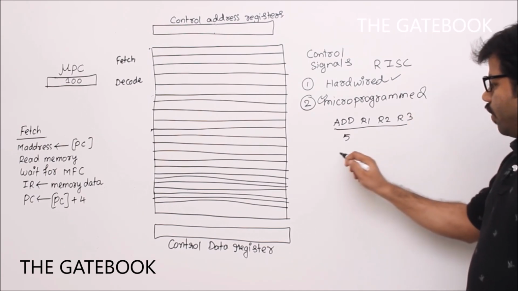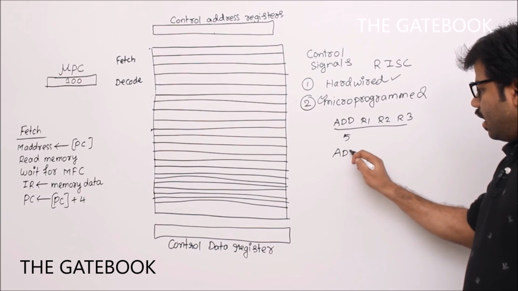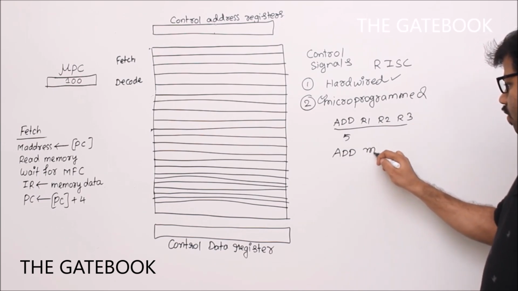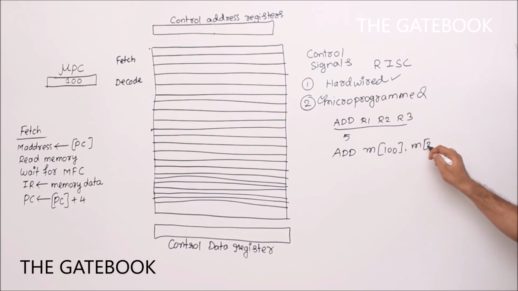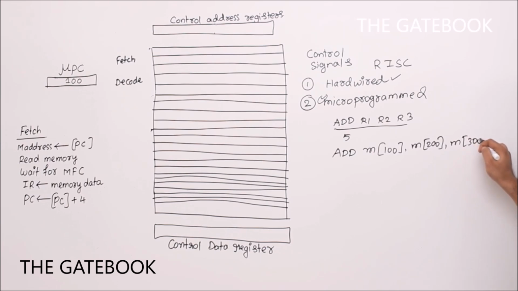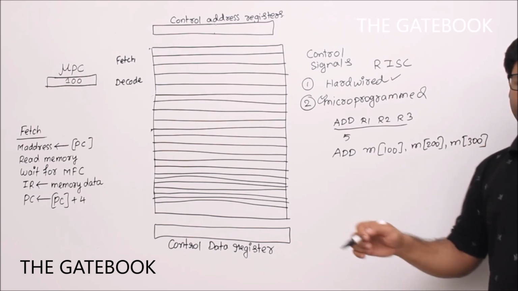But when you have this kind of instruction, add memory of 100, memory of 200, memory of 300, the meaning is easy to predict.